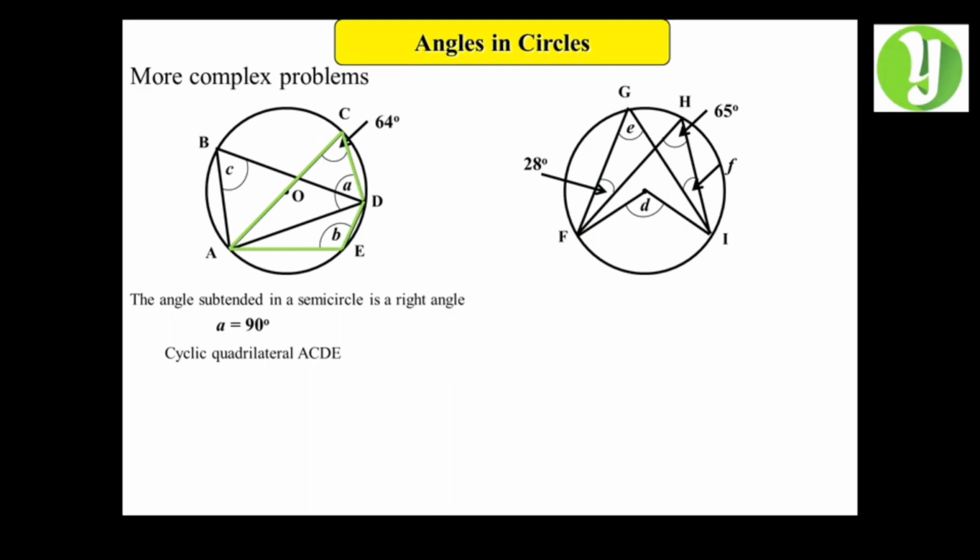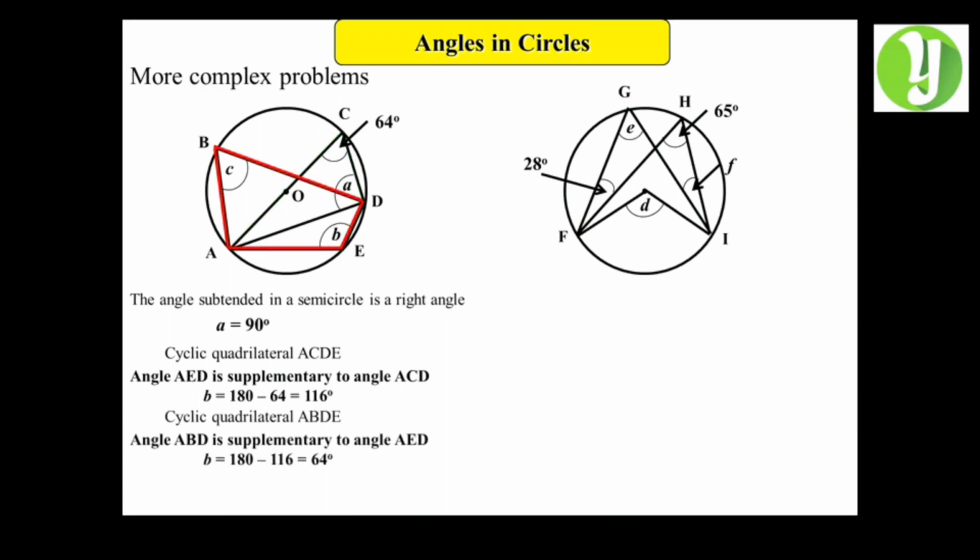So if I subtract 64 from 180, B is equal to 180 minus 64, which is 116. So angle B is found. Once again, for the angle of C, we can use the cyclic quadrilateral property, because in that case B, D, E and E are supplementary angles. So we subtract 116 from 180, and it makes 64.